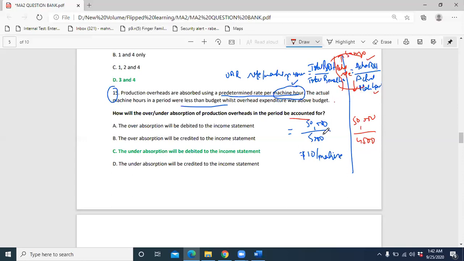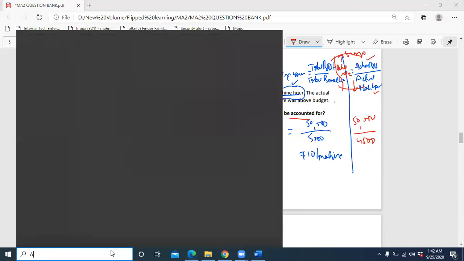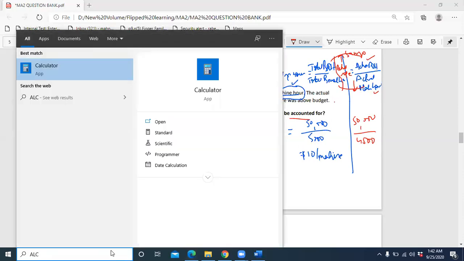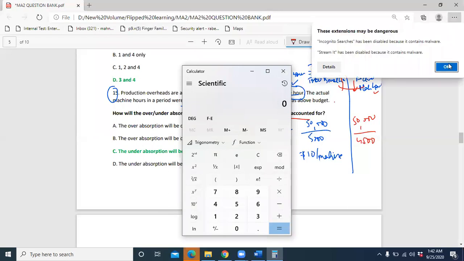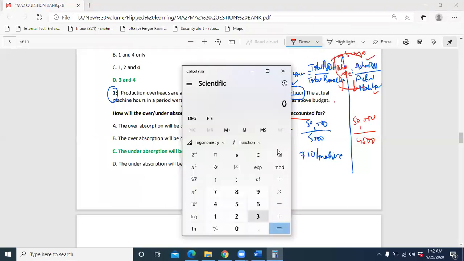Don't you think so? If 50,000 was absorbed on 5,000 hours and the rate was 10, and now I'm decreasing the activity level but the cost is the same, then definitely my actual rate per hour would be more than the budgeted rate. So what is my actual rate in this scenario? 50,000 divided by 4,500.